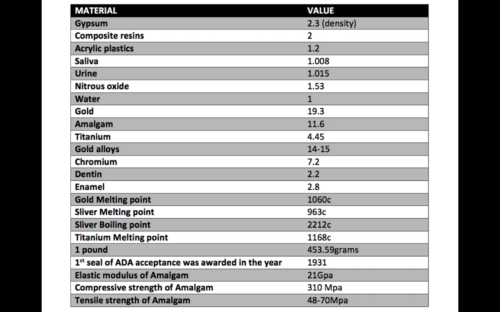Coming to the melting points, these are the most commonly asked melting points in various examinations. If you analyze your dental pulse or any basic MCQ book, you can see these common values which were previously asked. The gold melting point is 1060, whereas the silver melting point is 963 centigrade, and the silver boiling point is 2212, whereas the titanium melting point is 1168.